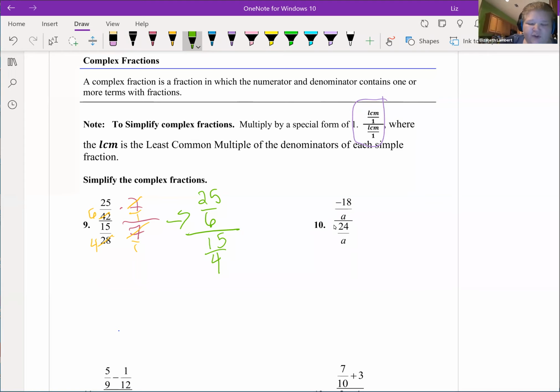So any complex fraction like this, there's assumed to be parentheses around the entire top and the entire bottom. If you were going to type this on the calculator, you would put parentheses around the top and parentheses around the bottom, put the division in the middle, and it crunches it for you. So there is no reason to do this insanity. But for completion, in case it shows up in Alex.